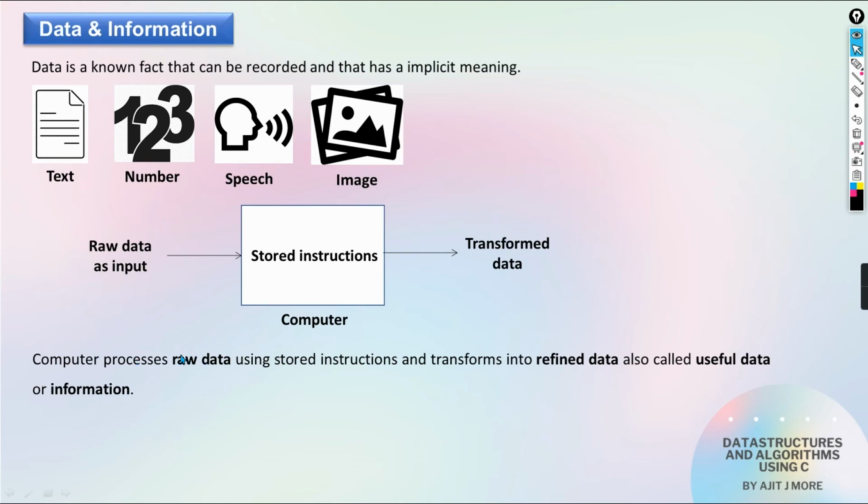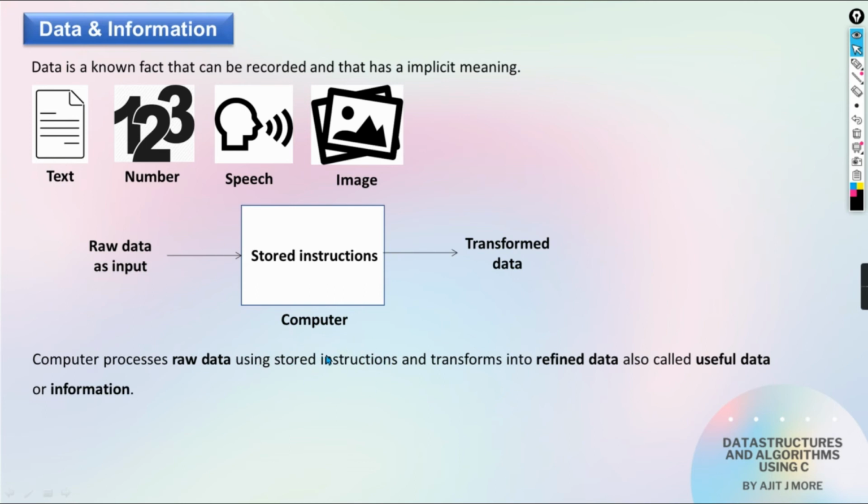But is the computer instructed how to do that processing? Because the computer is a slave thing. We tell the computer what to do, and it does it by following those instructions. That is your stored program.